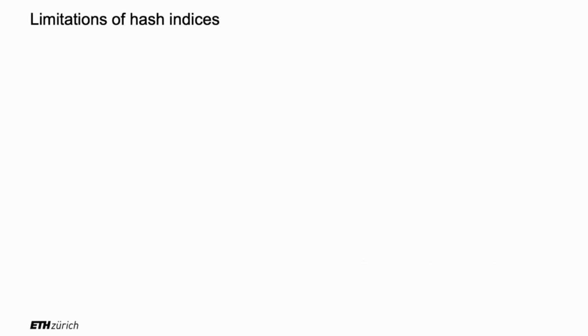Can you tell me one of them? We actually already discussed that during the questions. One of the limitations of hash indices, things you cannot do with them. There is no ordering, exactly.